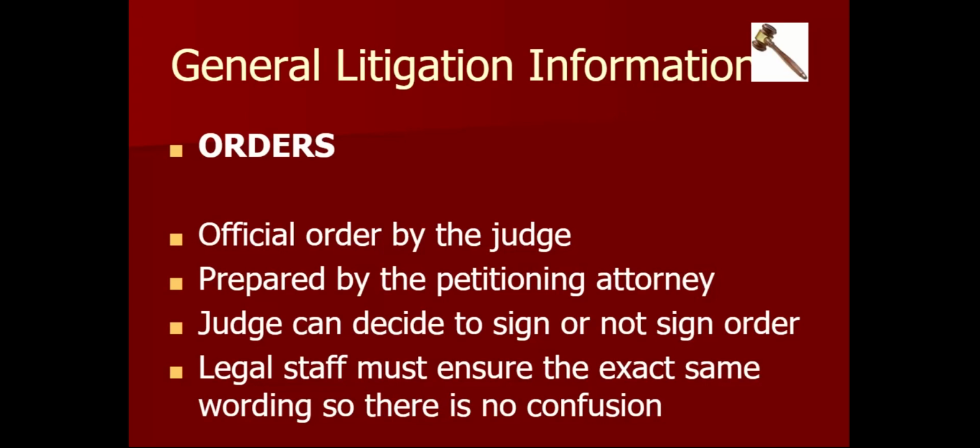It can be either the plaintiff or the defendant. The judge will then, like I said, decide to sign or not to sign, if they agree or not agree. And this now becomes an order. This is going to either be introduced or excluded from the trial.